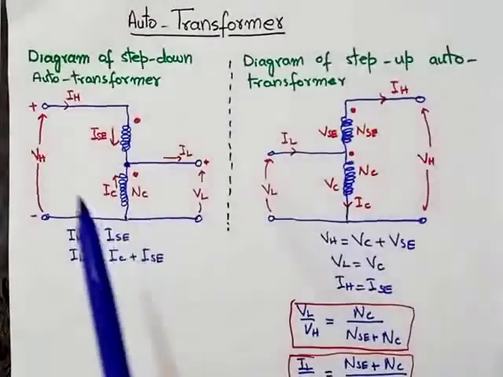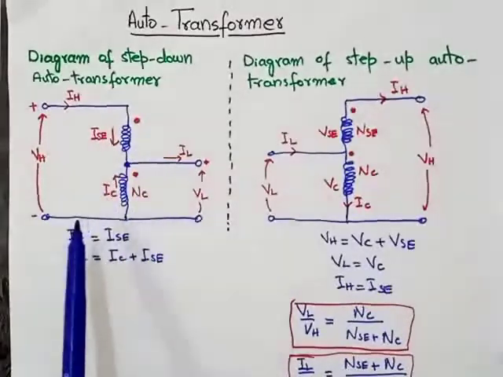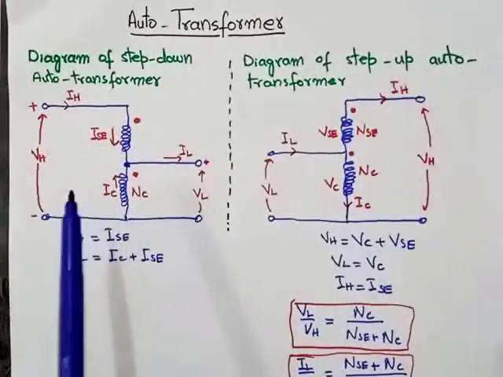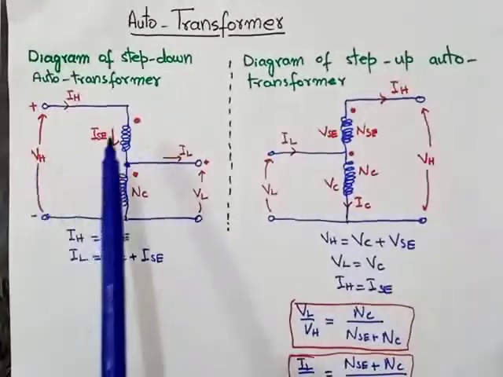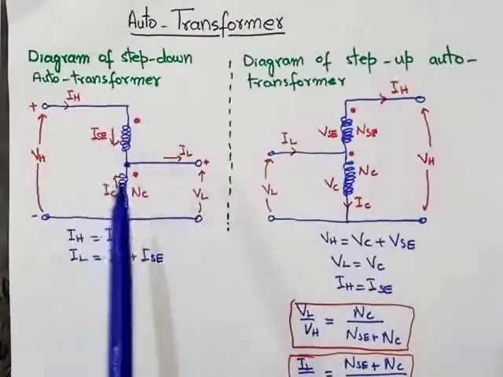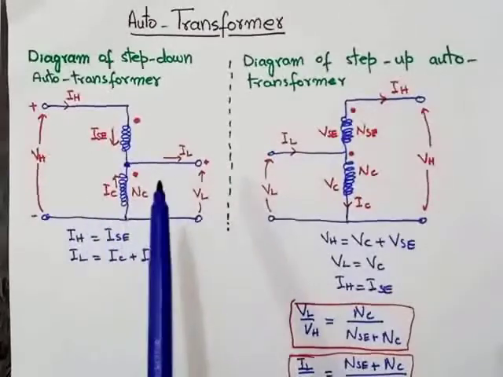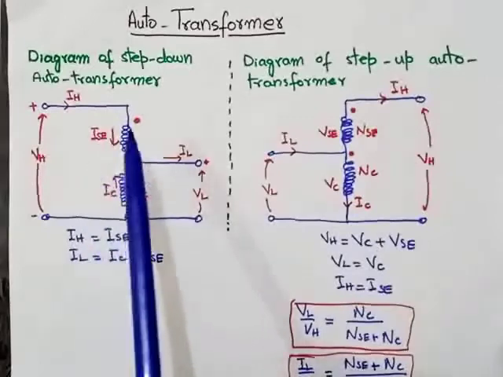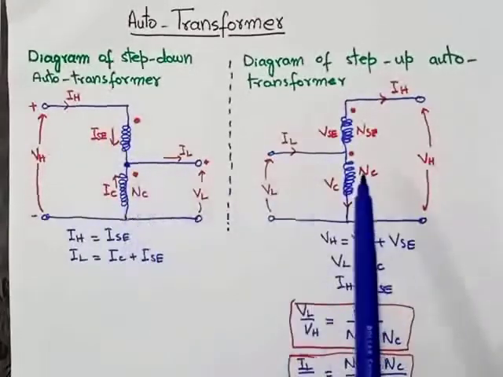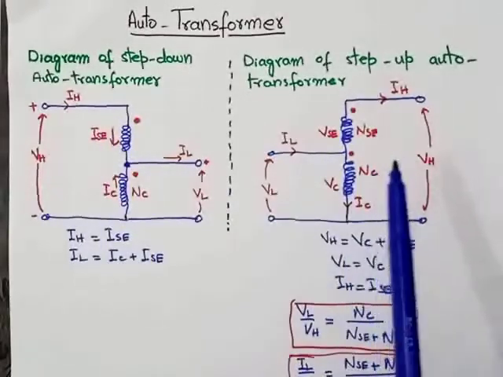The diagram of the step down autotransformer is shown here. In the step down autotransformer, we connect the primary side with more turns and take the output voltage from fewer turns. This is the diagram of the step down autotransformer, and this is the step up autotransformer.